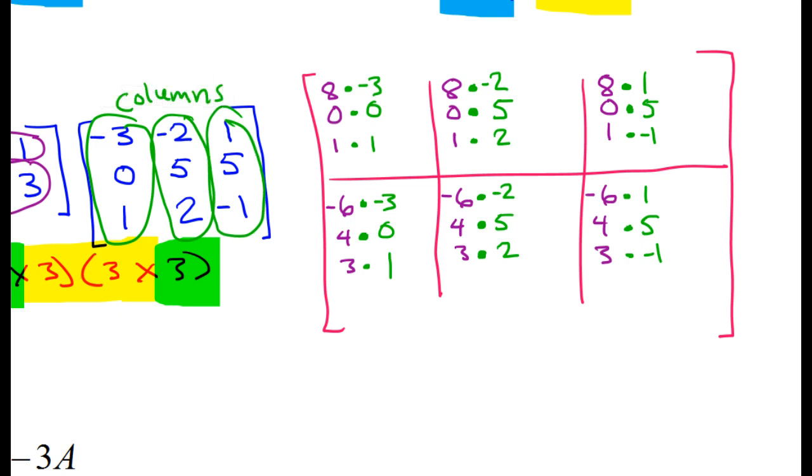Okay, so this is multiplication like I said, so it's time to do this multiplication. 8 times -3 is -24. This is going to give me 0, and this is going to give me 1. Add them up, and I'm going to get -23.